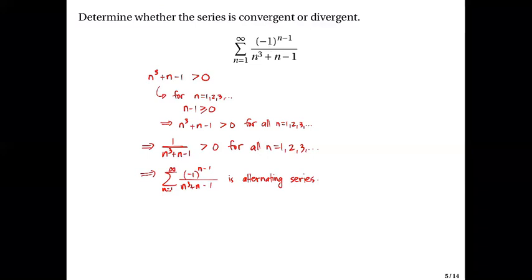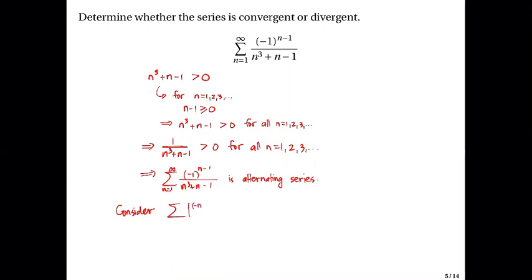Okay? But in order to determine whether this guy here is absolutely convergent or conditionally convergent, we have to consider the absolute values. So we now consider the series with the absolute values.